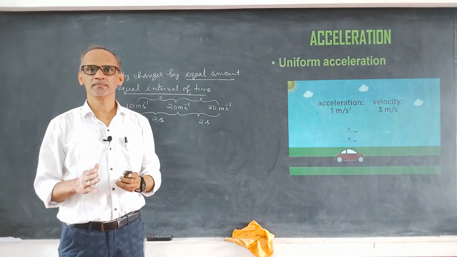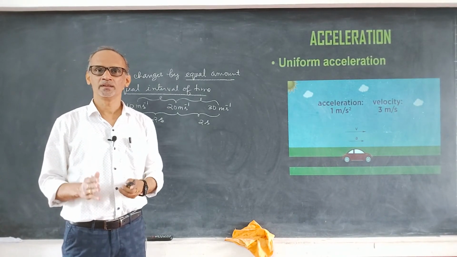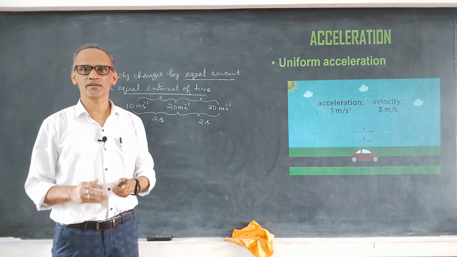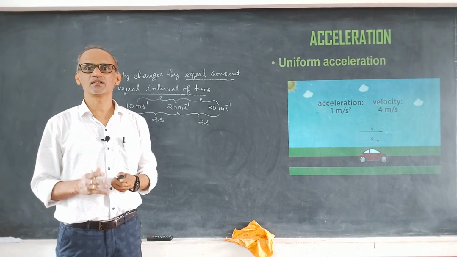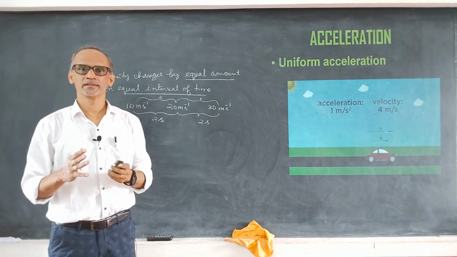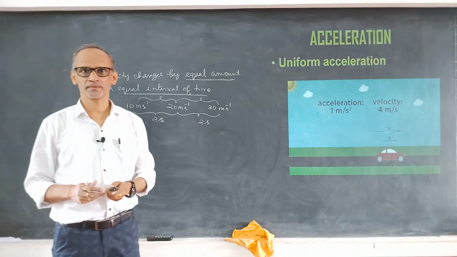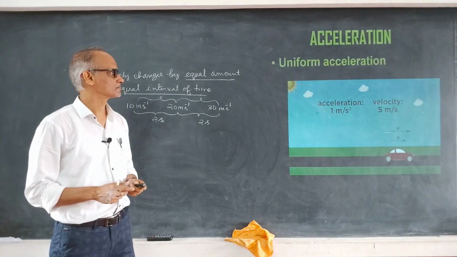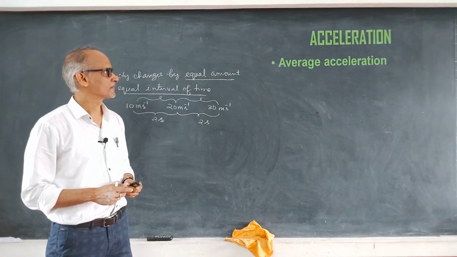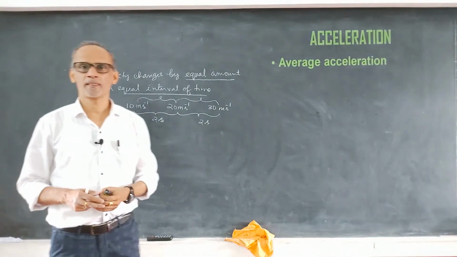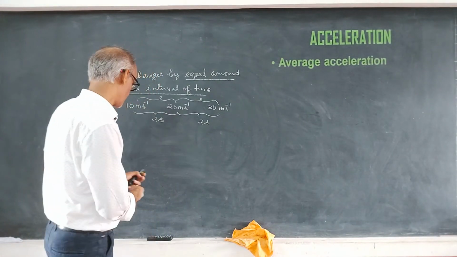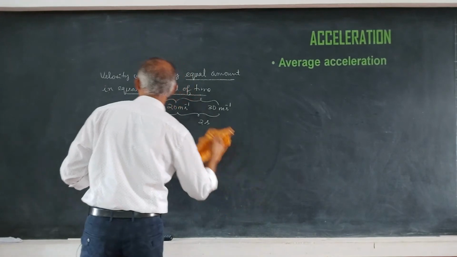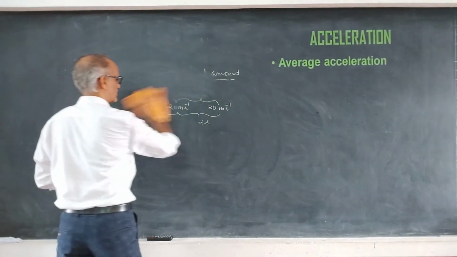Acceleration is used in a number of chapters, so it is a very important physical quantity, especially in the motion of a body. How to define average acceleration? We know average velocity, correct?